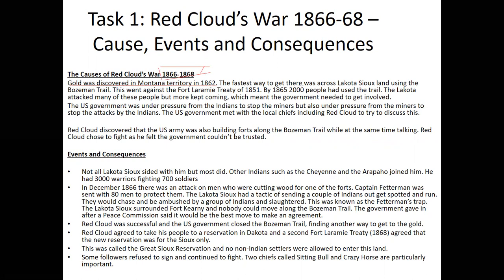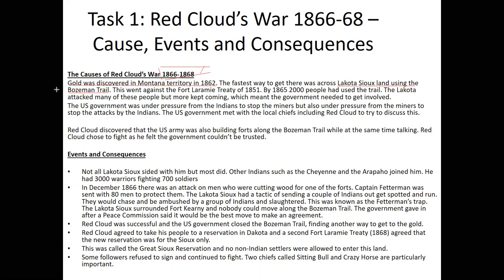Now, the fastest way to get to Montana was through Lakota Sioux land using the Bozeman Trail. The best way you could get to Montana was by going through land that they technically weren't allowed to go through.